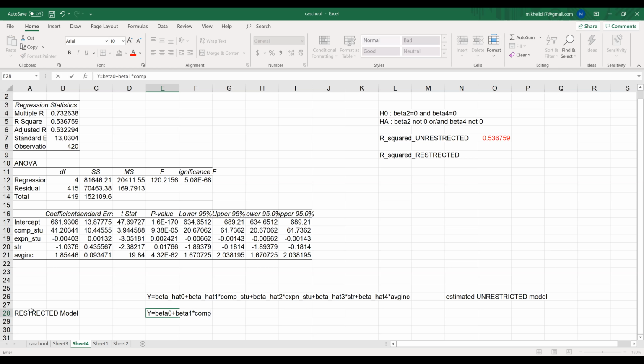Are you just including the betas and not the intercept? I'm just including those betas that are not 0. So H null restricts beta 2 and beta 4 to be 0. So those will not be part of the restricted model.